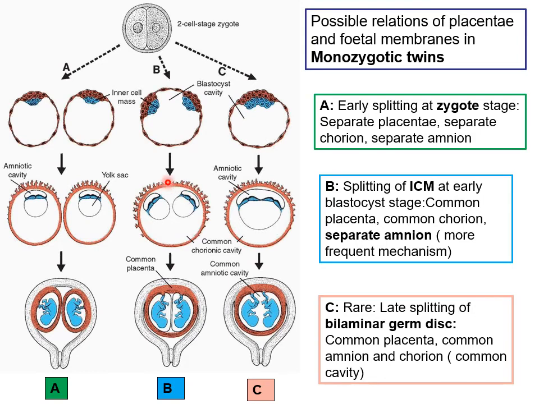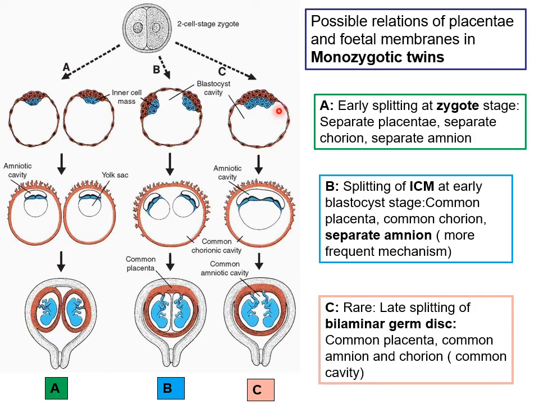And this is the most frequent mechanism. You can see here they will have a common placenta because there is a common outer cell mass, but each of them will have separate amniotic sacs. So common placenta and common chorion.